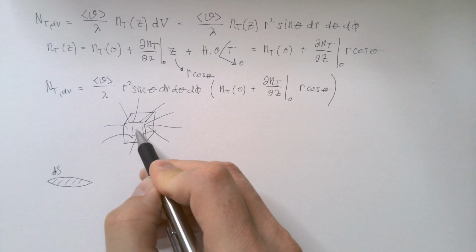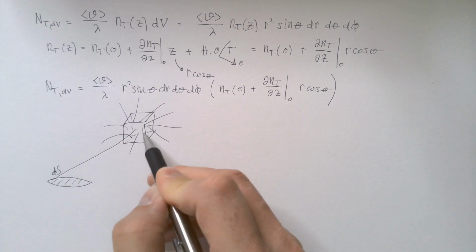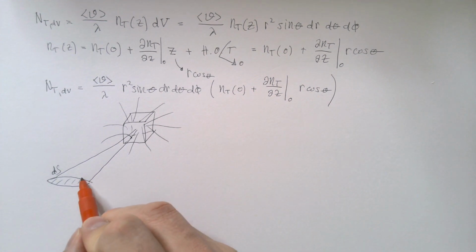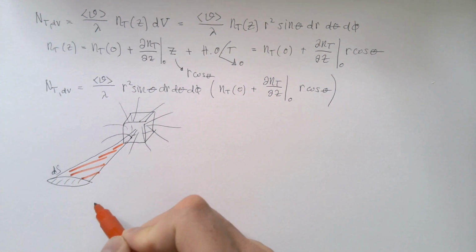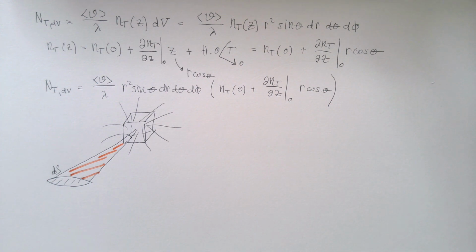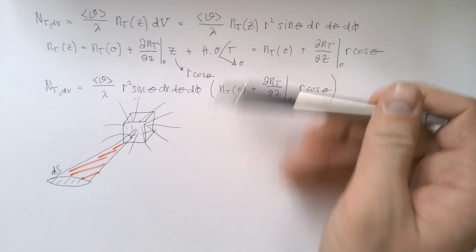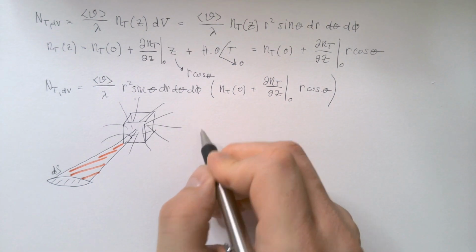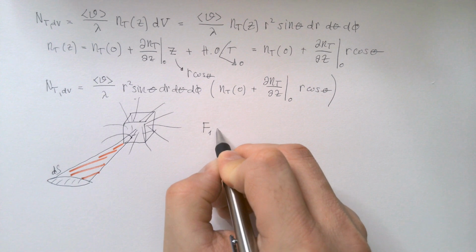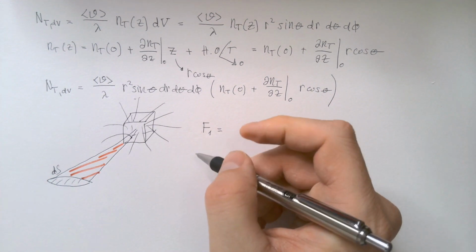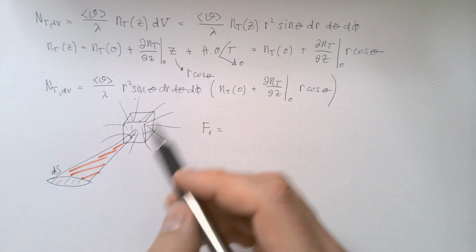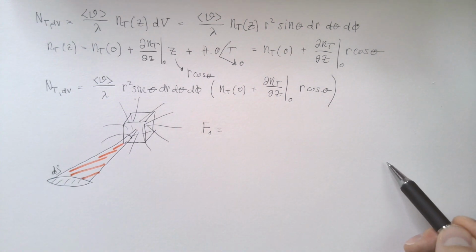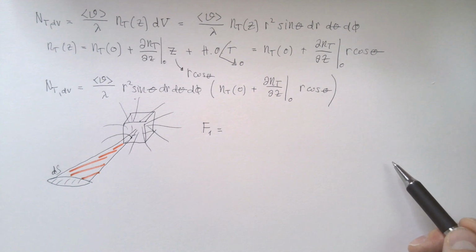So what I want to know is how many of these particles will go towards ds, because these are the ones I'm interested in. I don't care about those going in the opposite direction or some other direction. So this fraction, which we called f1, is clearly related to the solid angle that this surface subtends in this volume element dv.